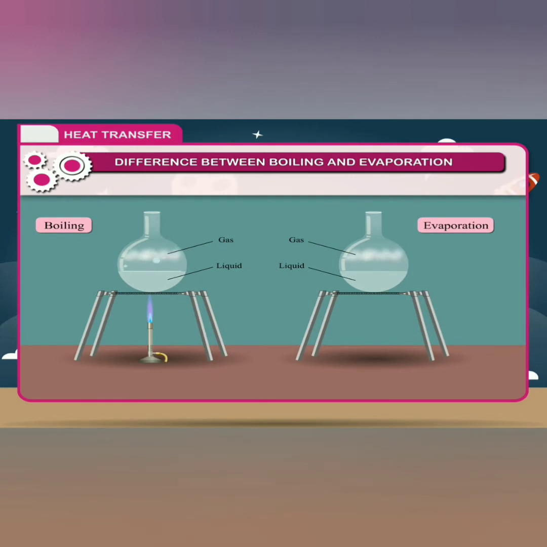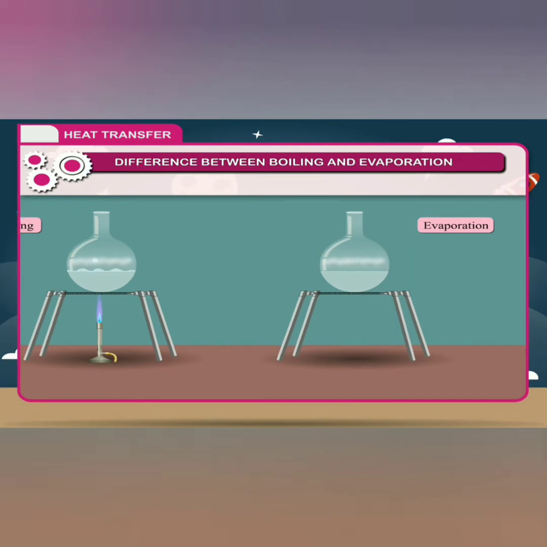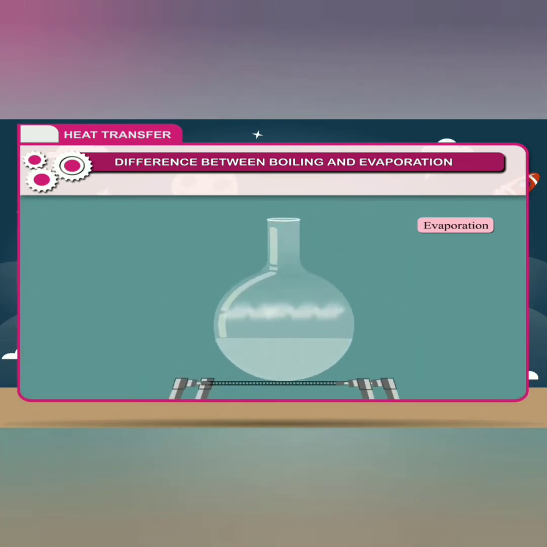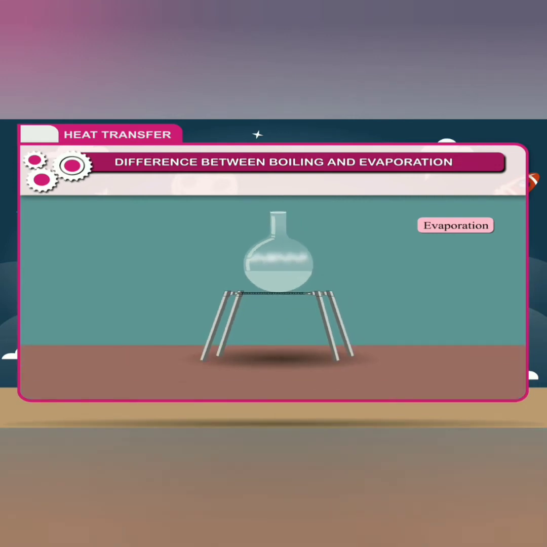In evaporation, the particles at the surface escape and form gas. So, the process of evaporation takes place at the surface. Thus, evaporation is a gradual vaporization of a liquid on the surface.